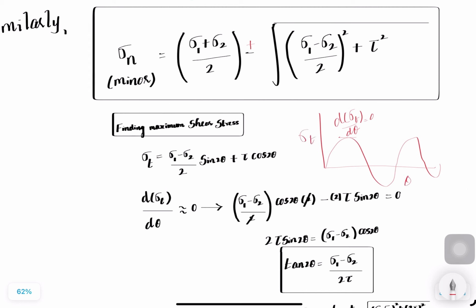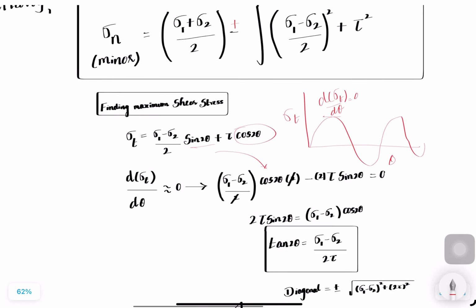That's the trick we have used: differentiate and equate to 0. If you differentiate sine 2 theta, it becomes cos 2 theta. Of course, because of the 2 theta, differentiating one more time you get a 2, which comes outside. And the differentiation of cos 2 theta is minus sine 2 theta, again with a 2 in front, and it is equated to 0.